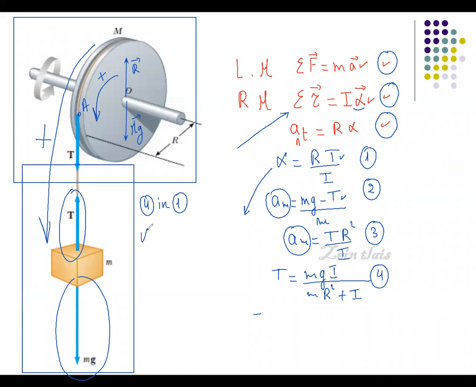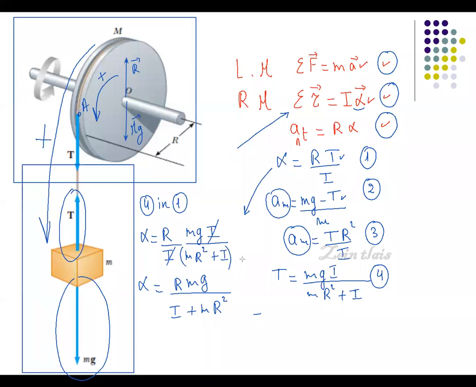Okay, we get alpha equals r, I put T here, divided by I, T equals mg I divided by mr square plus I. We can eliminate I and I. We get alpha equals r mg divided by I plus mr square. This is the final value of alpha.